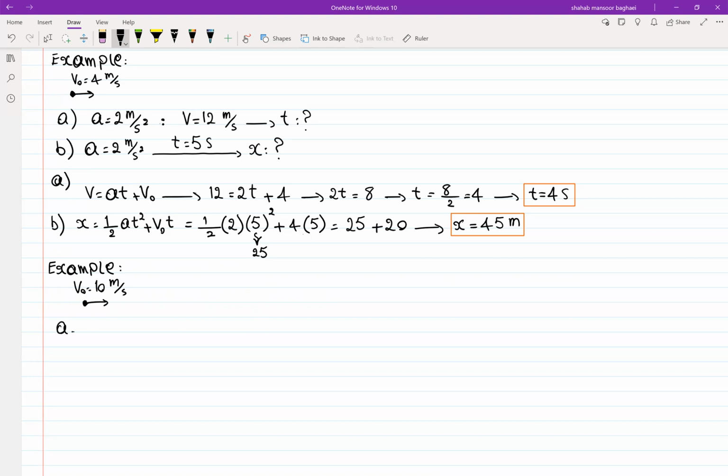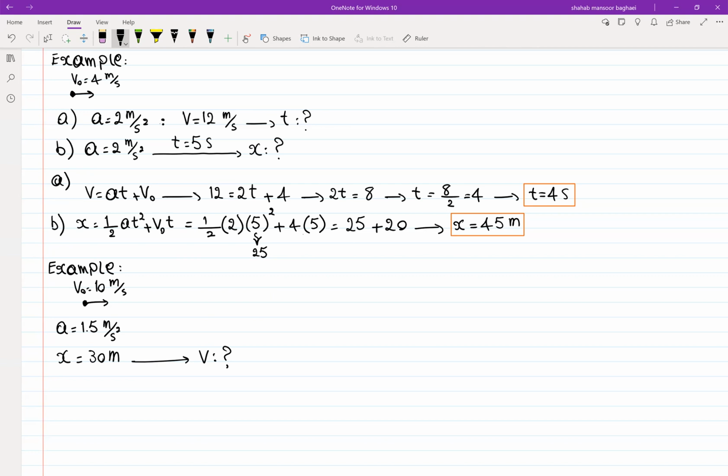If acceleration is 1.5 meter per second square, if this particle travels, for example, 30 meters, what is the velocity of this particle? What is V? Okay, what's your idea in this regard? What's your idea to solve this problem?